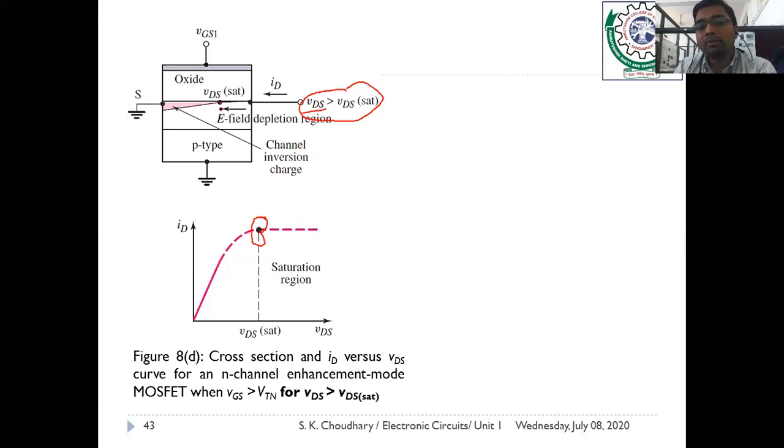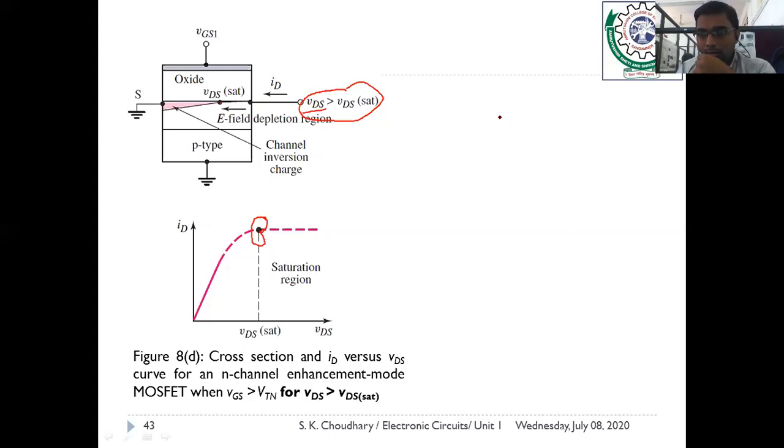So the electric field would be applied to this particular channel, and because of this applied electric field, whatever electrons are in this channel would be swept to the drain terminal. Okay, and because of this operation, the current would continue at a constant level. It does not become 0. It remains present.